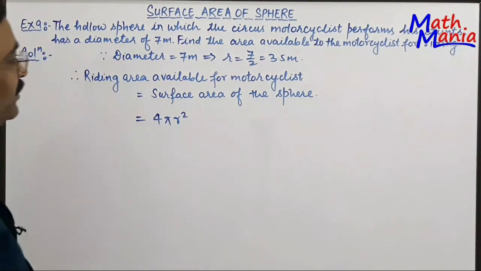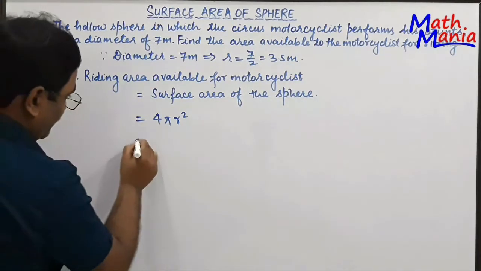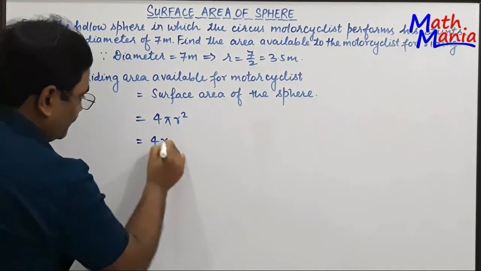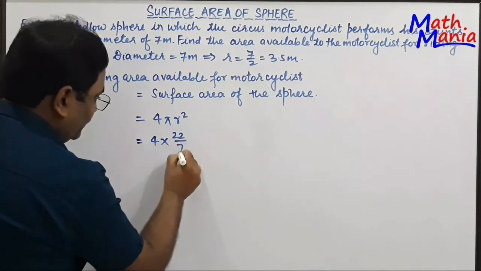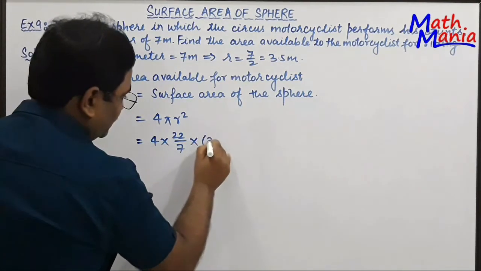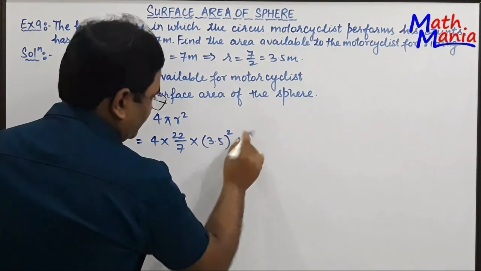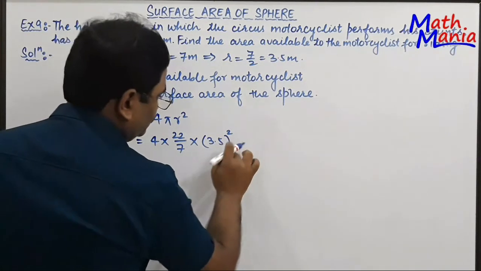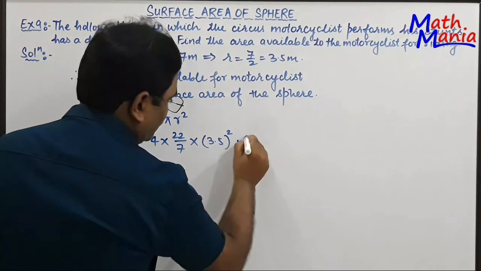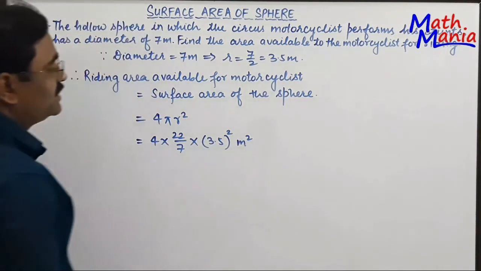Now substitute the value of radius and pi. So 4 pi is 4 into 22 upon 7, radius 3.5 square meter, because radius is in meter.